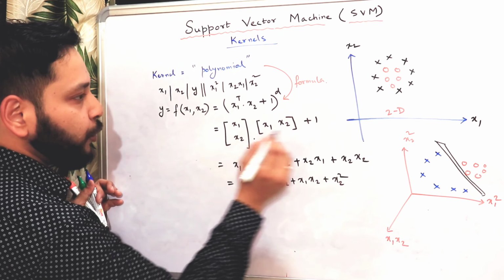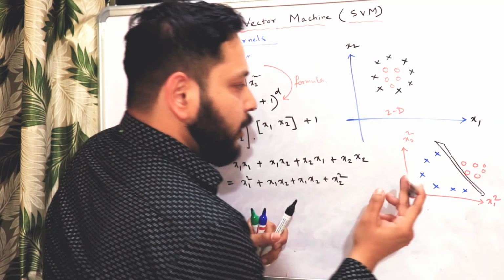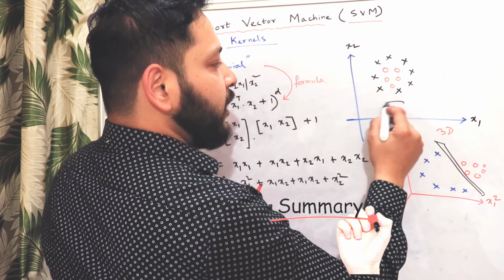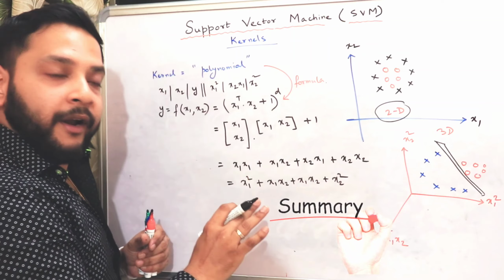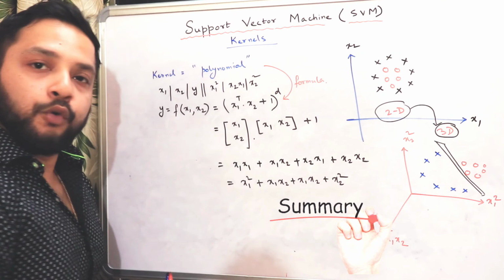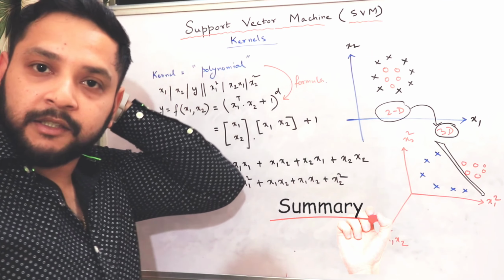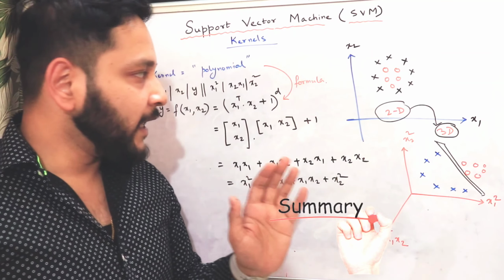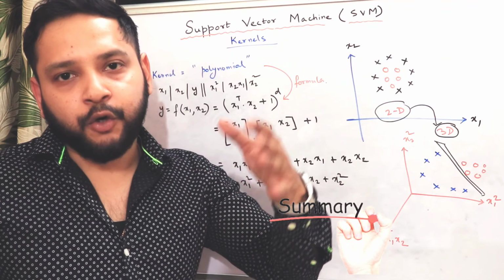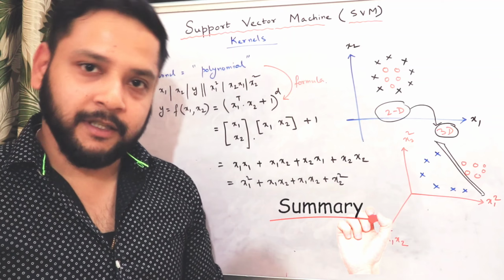So from 2D we are taking it to 3D. So in 2D we are not able to classify the points, so we are taking it from lower dimension to higher dimension, 3D, and we can easily classify these points. And thus it shows that when we are using polynomial kernel, we can take it from lower dimension to higher dimension, and thus we can classify the points.